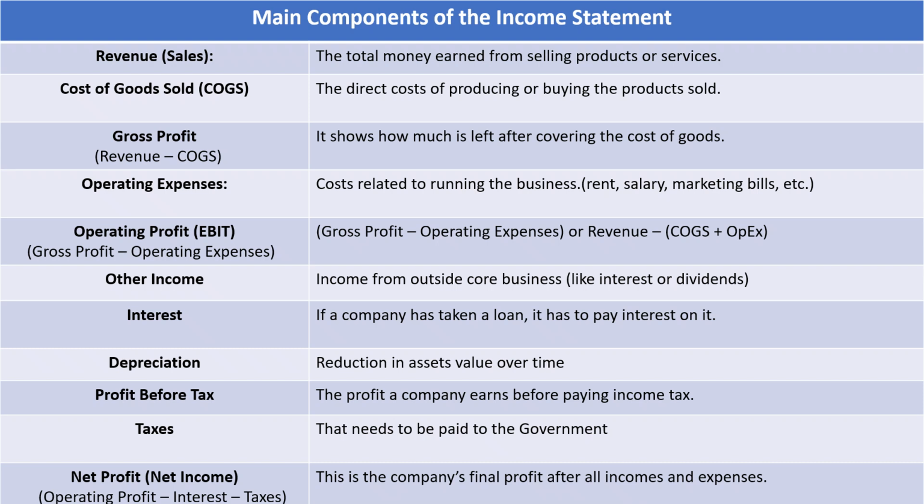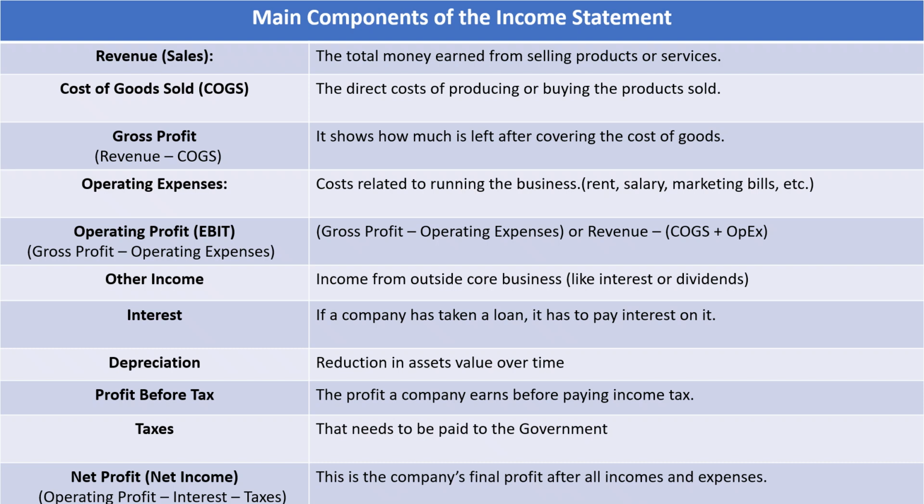Then we have other income. This is the income from outside the core business, like interest or dividend. Then we have interest. So suppose a company has taken a loan, it has to pay interest on it. Then we have depreciation. Depreciation is nothing but a reduction in an asset's value over a period of time.